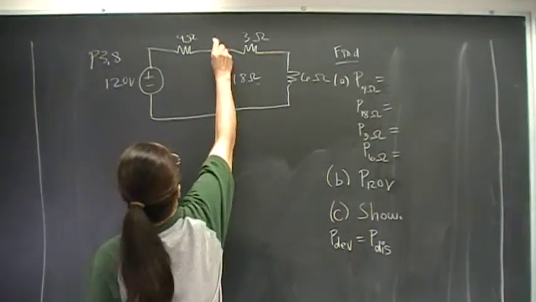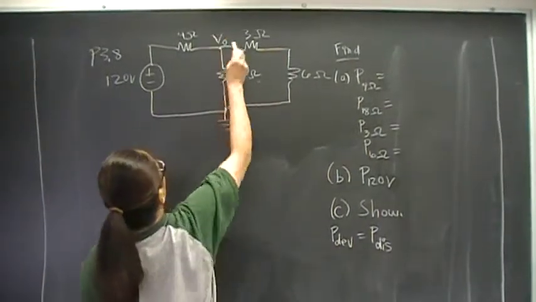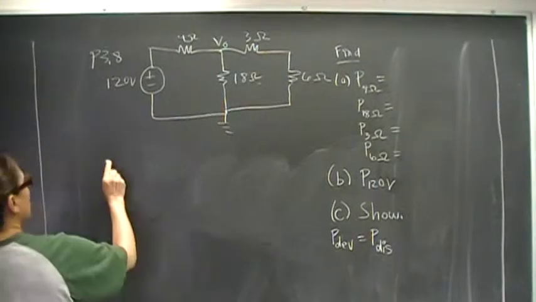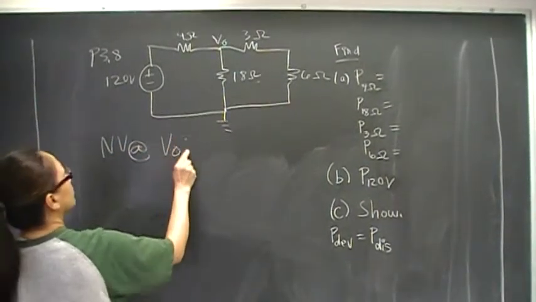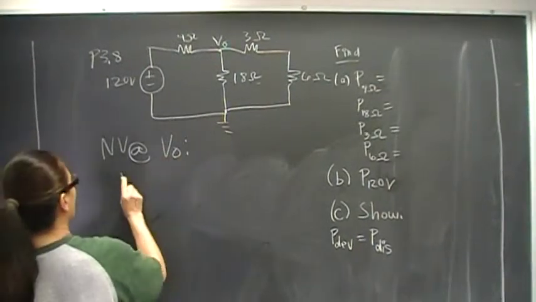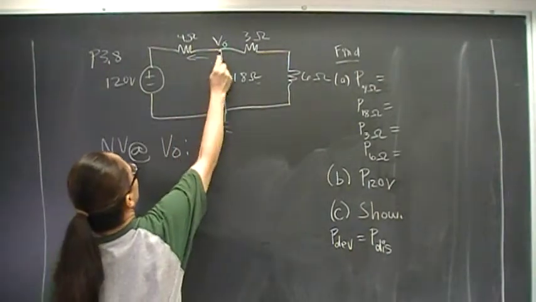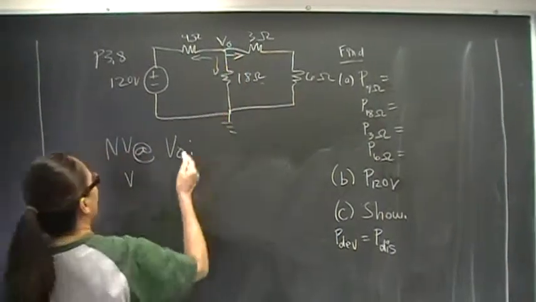So let's label this as V naught. To find that, we simply do node voltage at V naught. So we need to find those 3 branch currents.